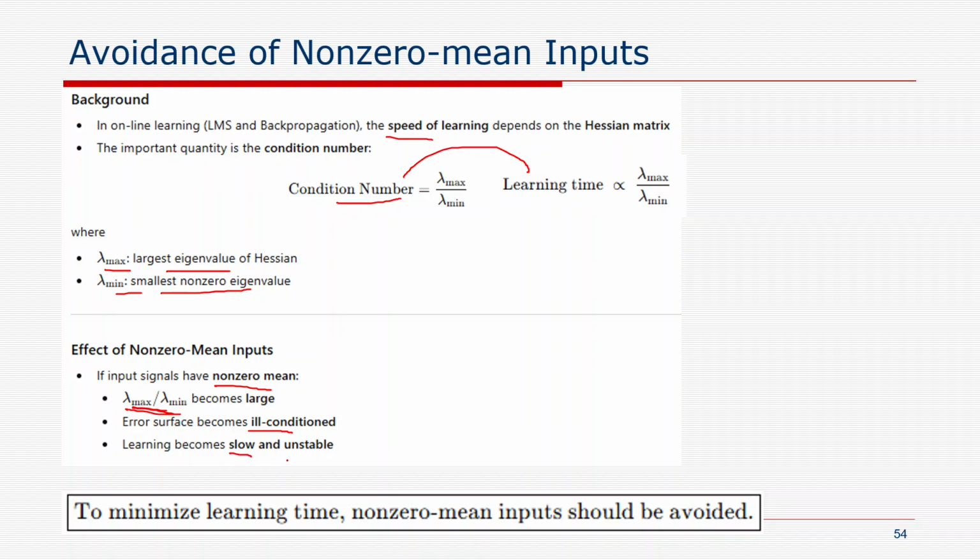That is what we are trying to understand: if the inputs are non-zero mean, this ratio will be very large, and because this ratio is proportional to the learning time, the error surface will be ill-conditioned and learning becomes slow and unstable. That is, to minimize the learning time, that is to learn the updated weights properly to predict the output, non-zero mean inputs should be avoided.